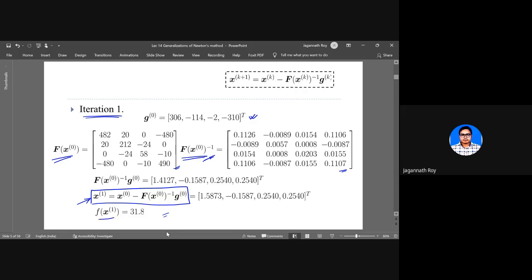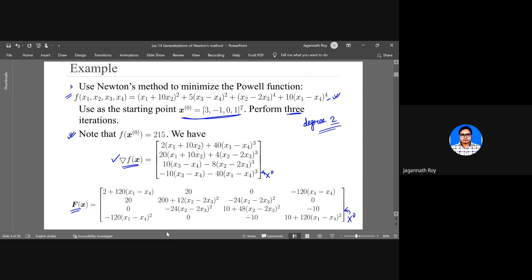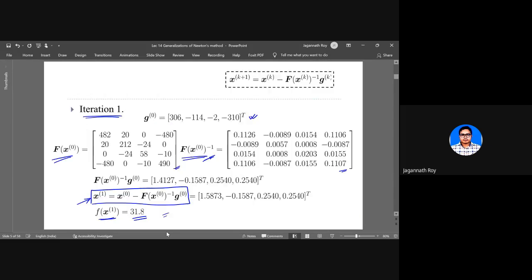Now we can see that f of x1 is actually 31.8. Initially, f of x naught is actually 215. So yes, we are going in the right direction.